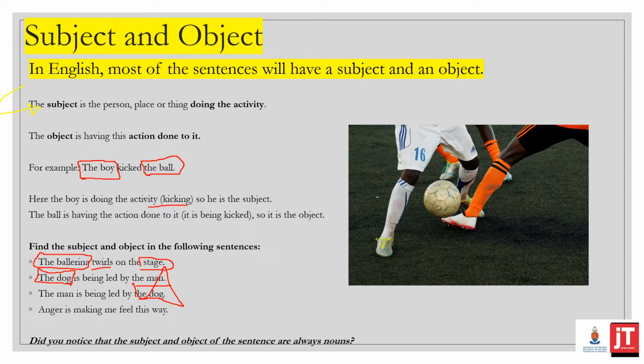Oh, goodness me, I'm not very good at drawing. The man is being led by the dog. The dog is the one who's leading, so the dog is the subject, and the man is having this done to him. He is being led. Perhaps this dog is a very big dog, and that can sometimes happen where the dog just has more power, so you just go wherever the dog goes.